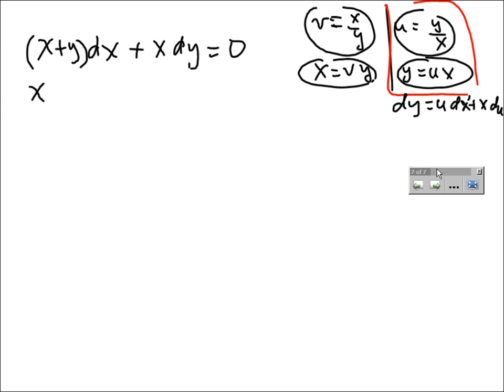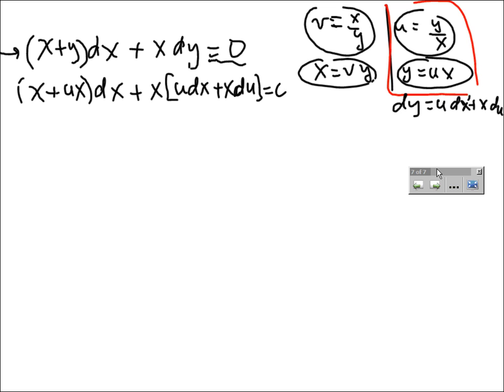So we have, just copying this, x plus y, but that's how I write y in this problem, dx plus x times dy, which is u dx plus x du, and it equals 0.